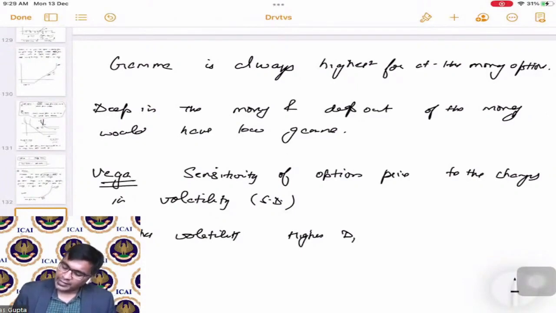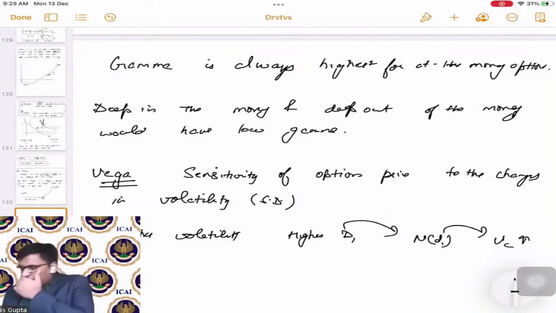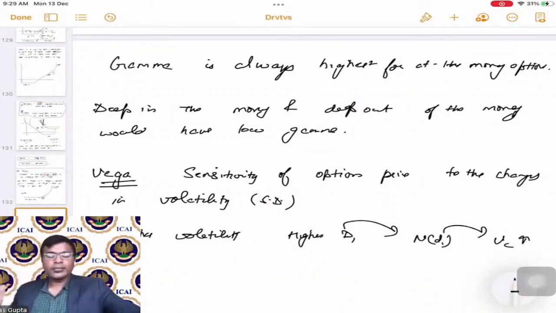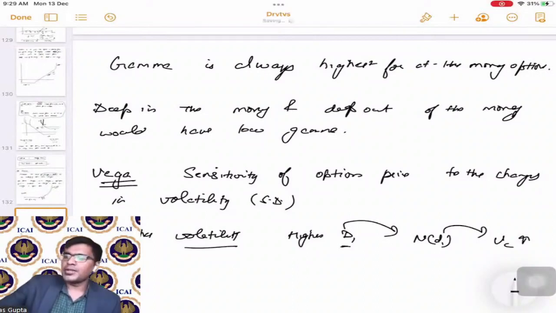Higher D1 will mean higher ND1, and higher ND1 will mean value of call will also be higher. Correct? So the value of call will be higher in case D1 is higher because of higher volatility. So it has a positive relation.